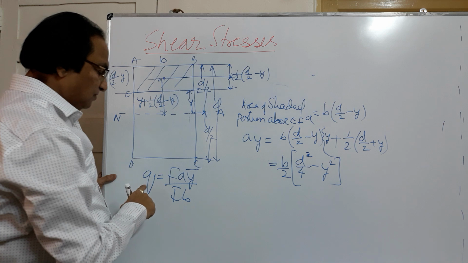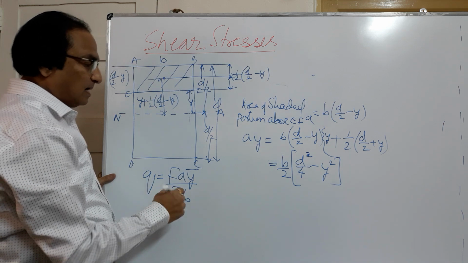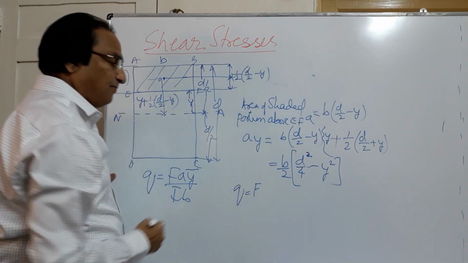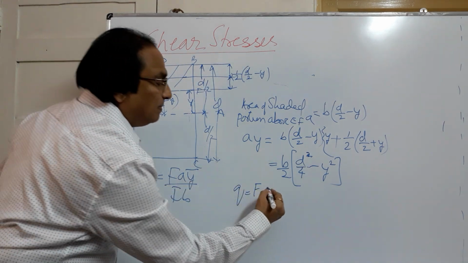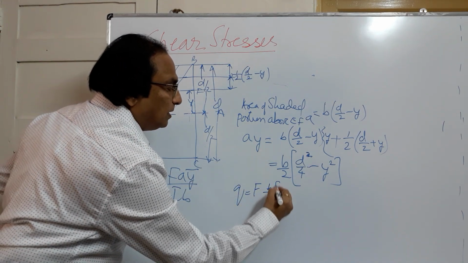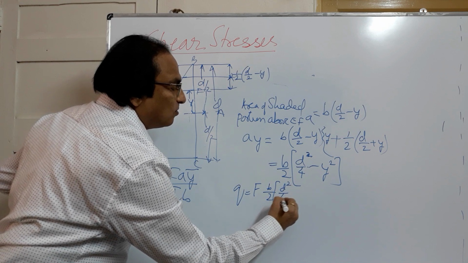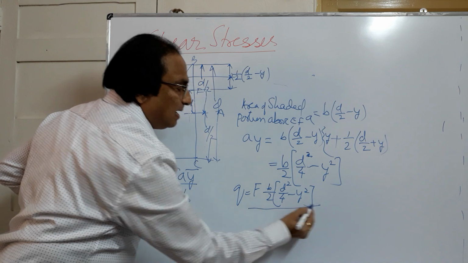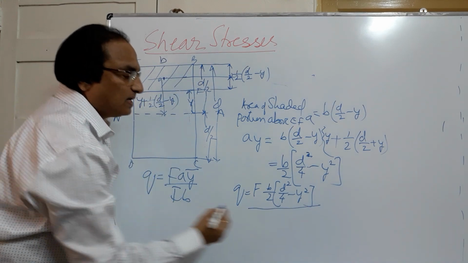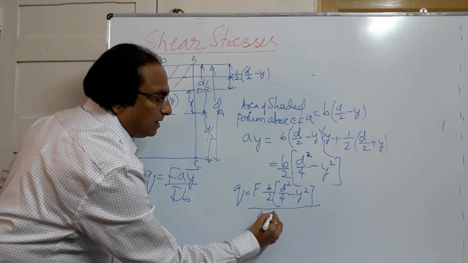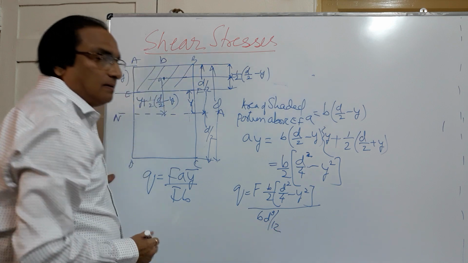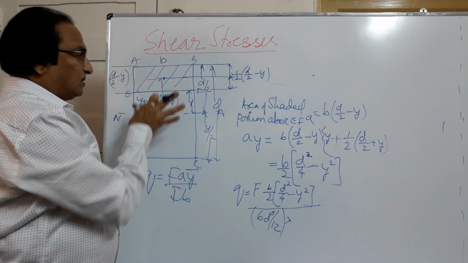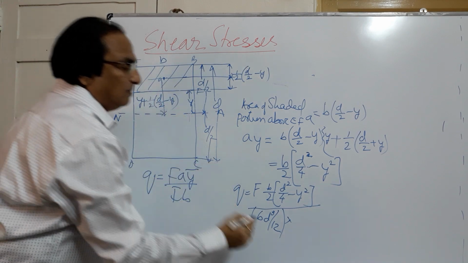Now if I use this formula, q is equal to F A y bar by I B. q will be equal to F as it is, A y bar will be B by 2 into D squared by 4 minus y squared, divided by I. Moment of inertia of a rectangle is B D cube by 12, into B, where B is the width of the beam at that level.